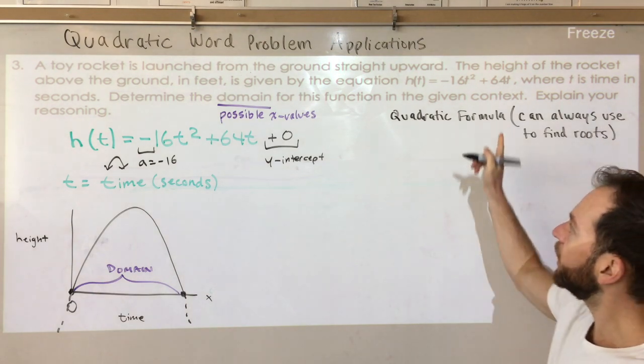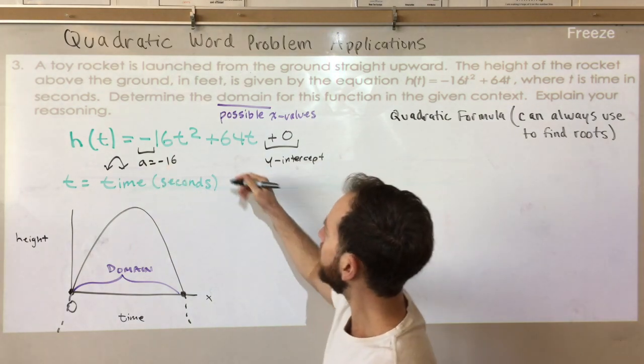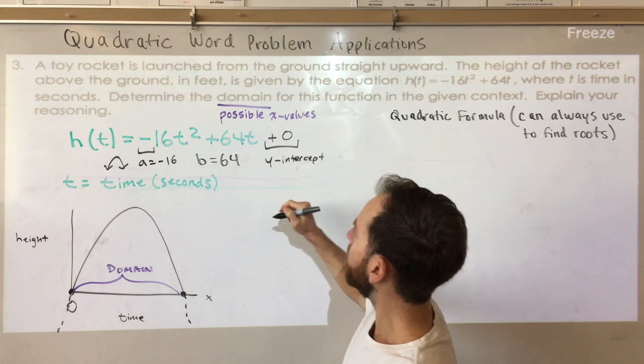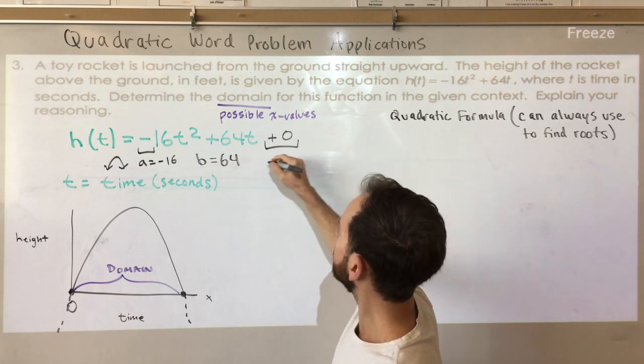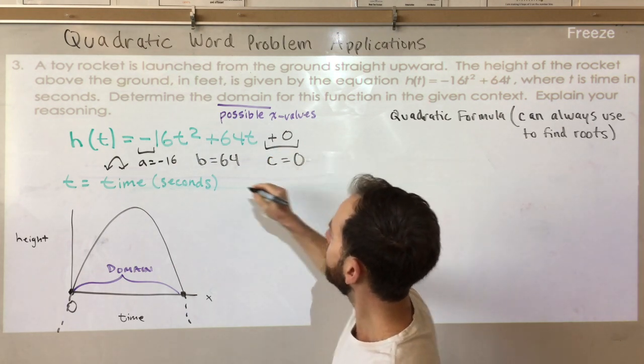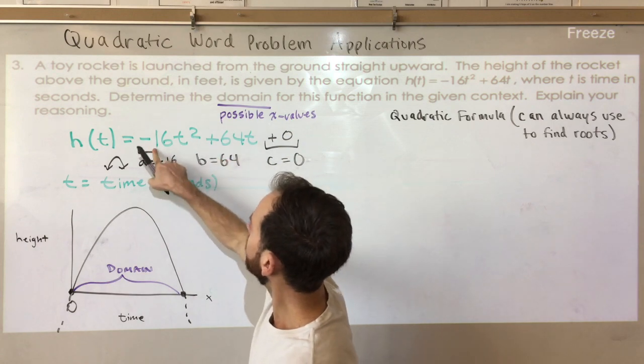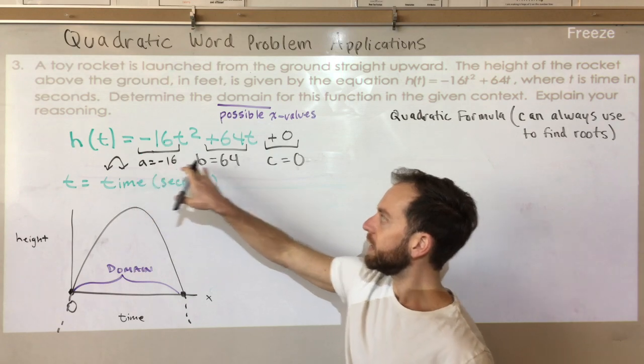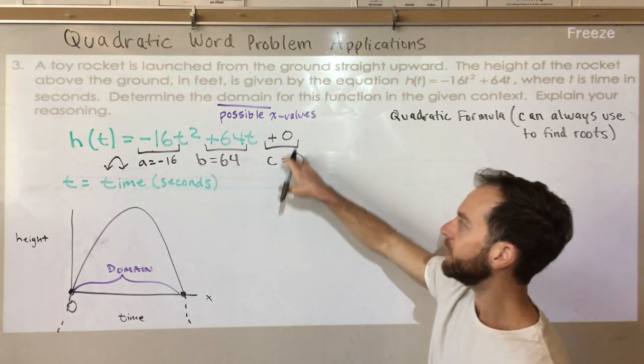So let's go ahead and plug in our a, b, and c values. Remember, our c value in this case is 0. That's our a value, negative 16, our b value is 64, and our c value is 0.